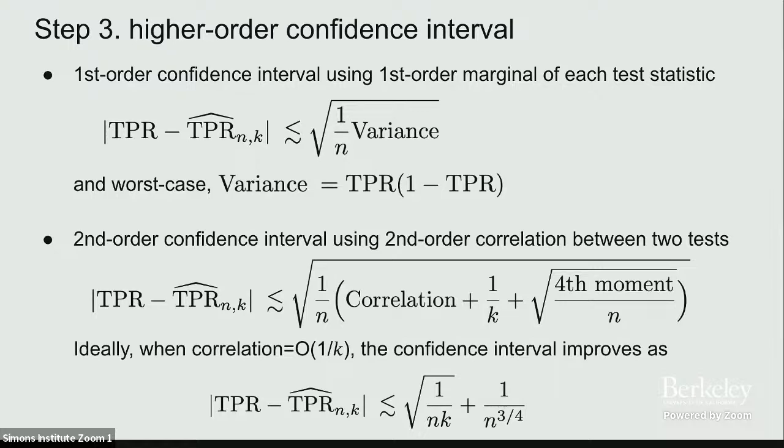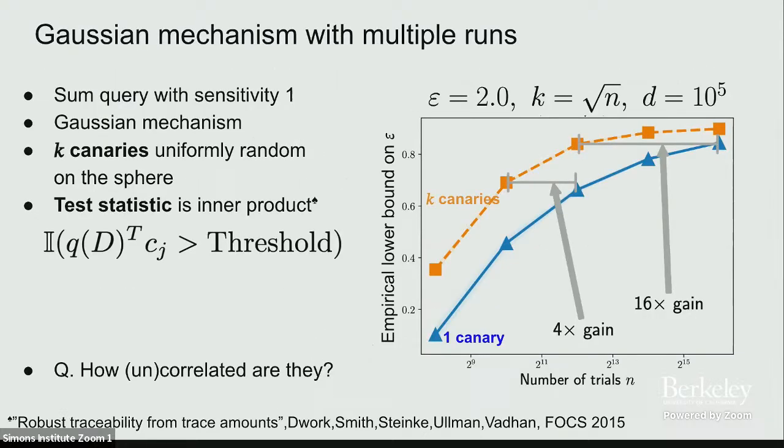Yes or no? And you can try it for the Gaussian mechanism, put all the pieces together. What you will see here is that the true epsilon is 2, and we're trying to falsify a range of epsilons. Somebody claims it's 0.2 or 0.4, 0.6, and so on. How many samples do we need in order to confidently falsify that, no, it's not 0.8, because the true epsilon is actually 2?